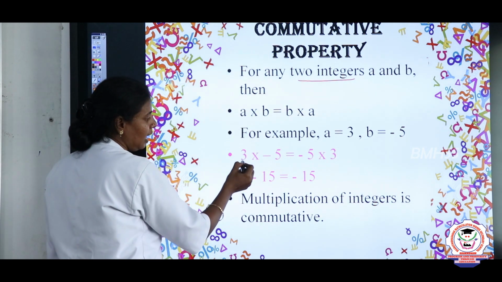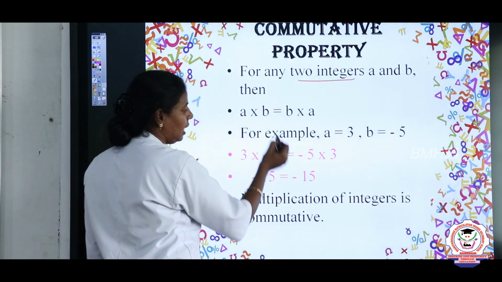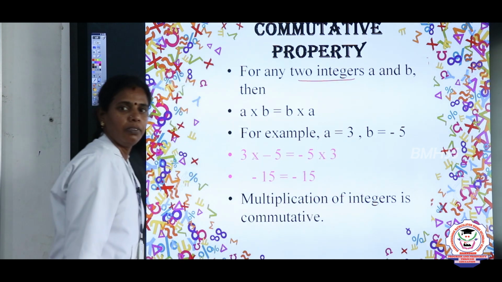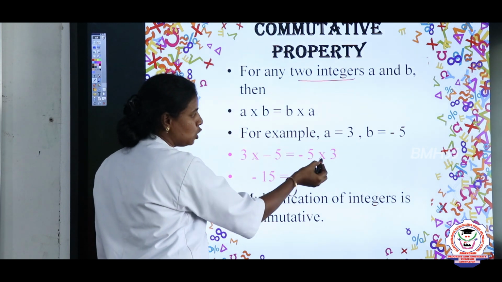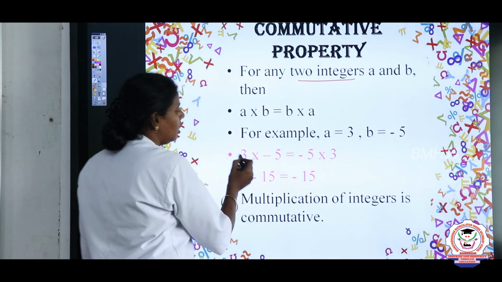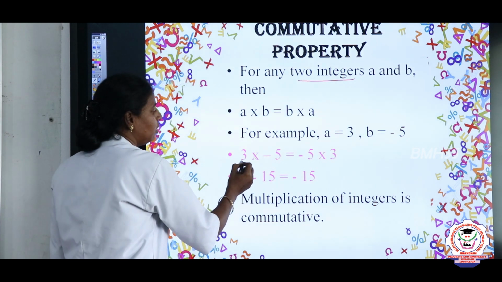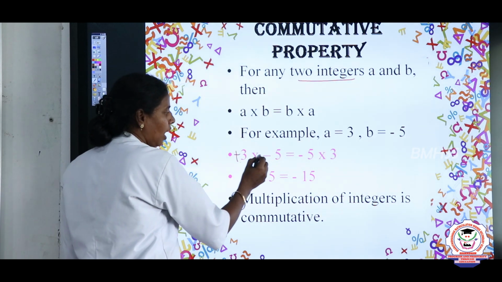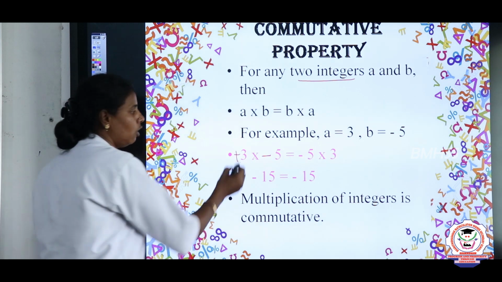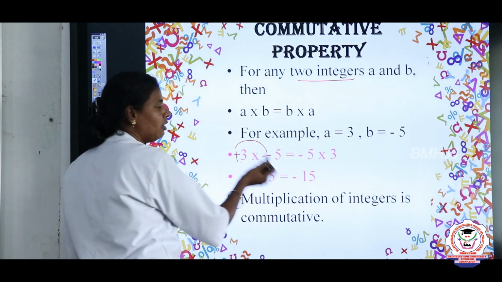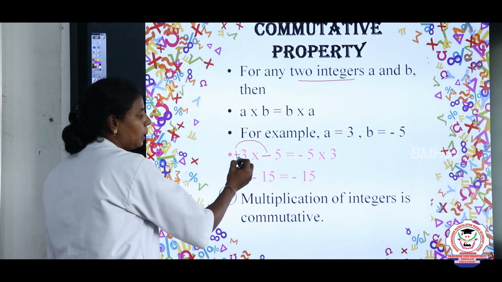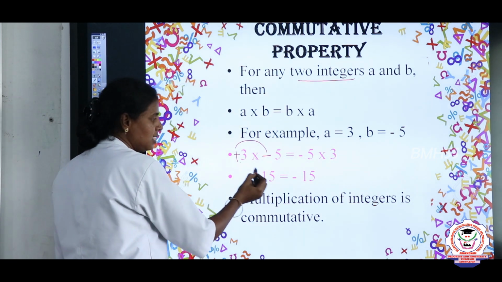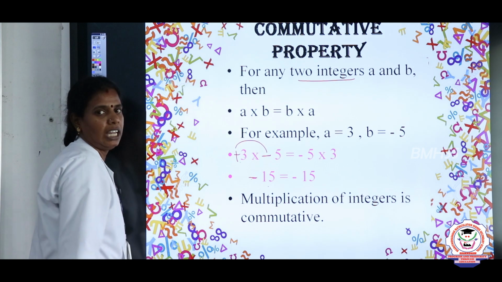Instead of a, 3 into b, the value of b is minus 5, equal to b, minus 5, into a, whose value is 3. So, 3 into minus 5. 3 is positive and minus 5 is negative, different signs, so the answer will be negative. 3 5s are 15.